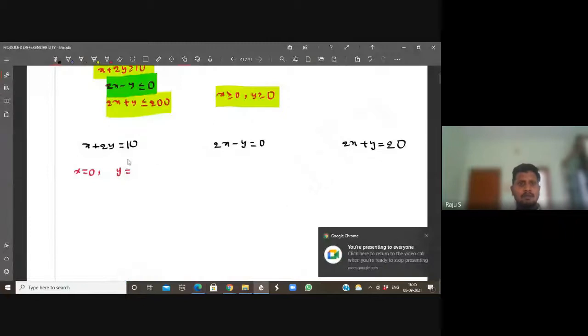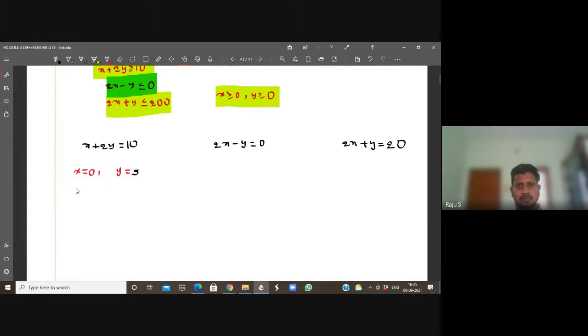Y is equal to 50 when x is equal to 0, and when y is equal to 0, x value is 100. Here also, same: x is equal to 0, y value 0, and both will be 0, 0. It is clearly passing through the origin.